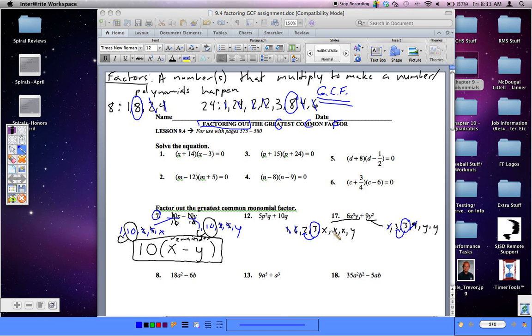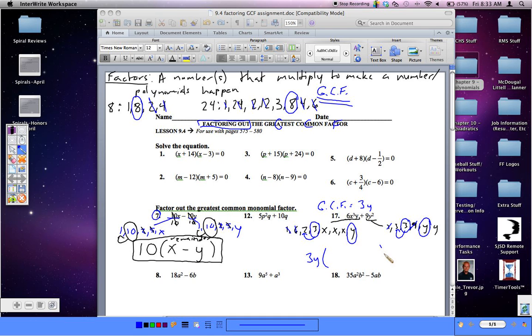This one had 3 x's, this one didn't have any x's, so those x's are going to be left behind. This one has a y to share, and this one has a y to share. So my greatest common factor here is going to be 3y, and that will go to the outside just as the 10 did before.